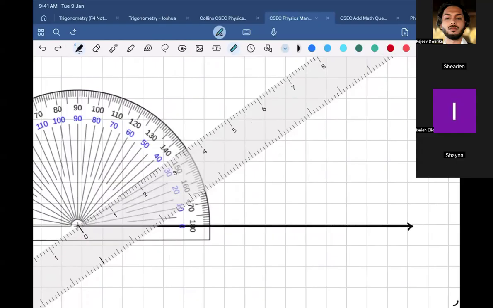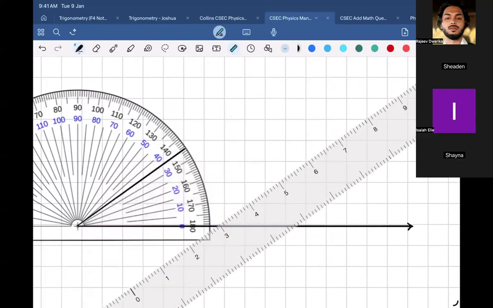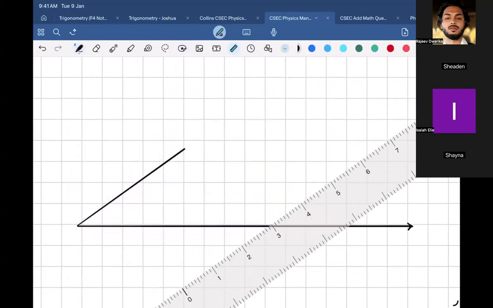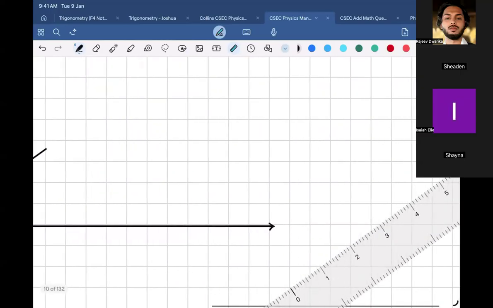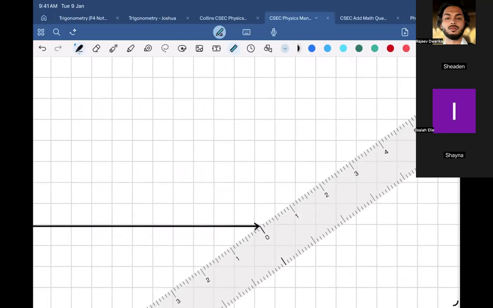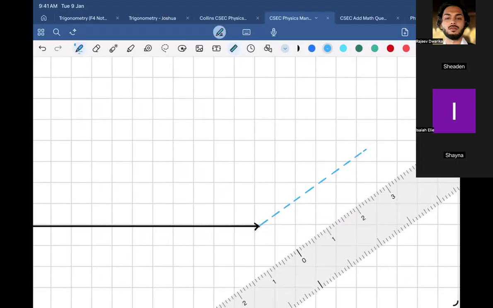Oh, past 3.6. That's as good as I am going to get it. Right? And since I have the angle here one time, let me just do the 3.6. Right?